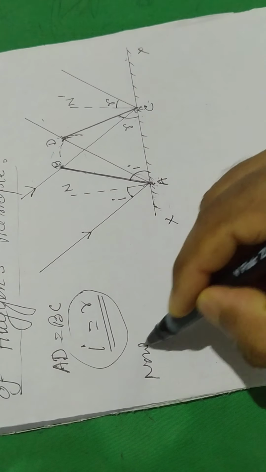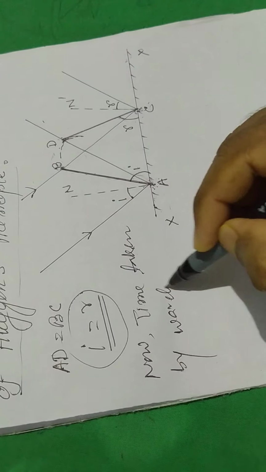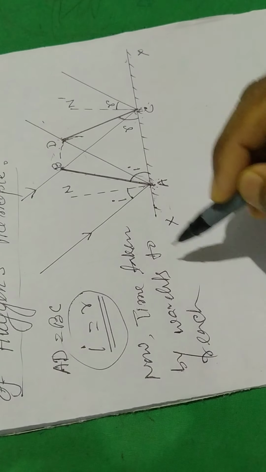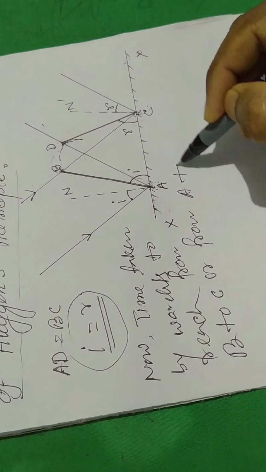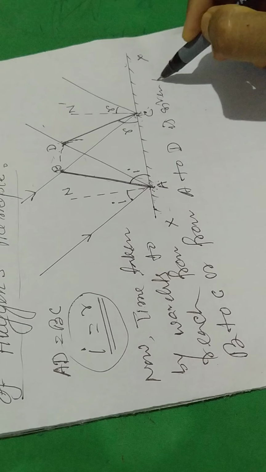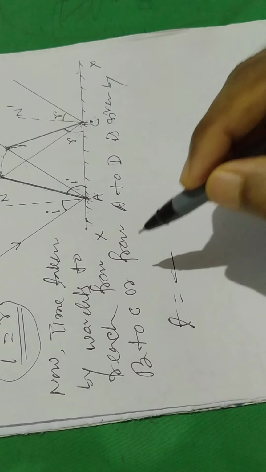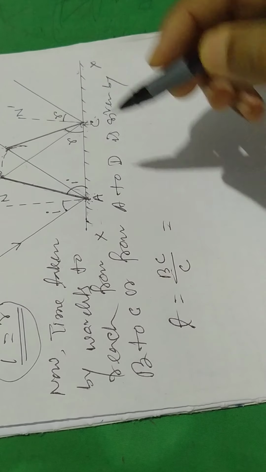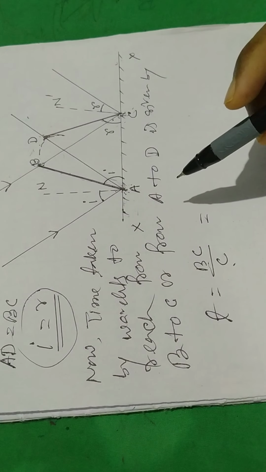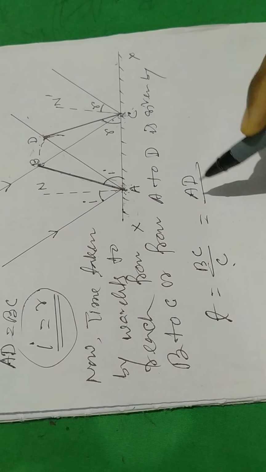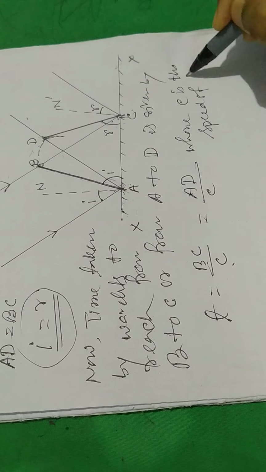Now, the time taken by the wavelets to reach from B to C or from A to D is given by t equal to distance by velocity, BC by c, or AD by c, where c is the speed of light.